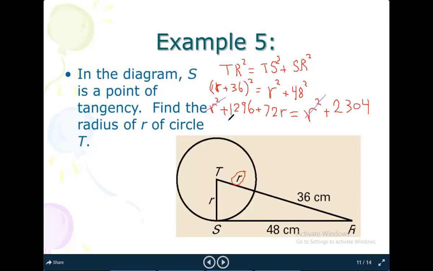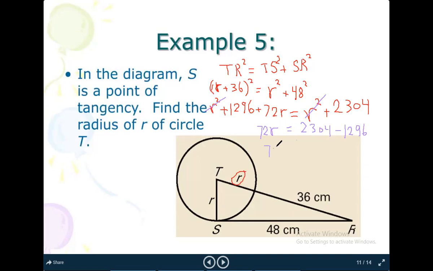And then I will combine now 1,296 and 2,304 together. Then in this side I have 72R equal 2,304 minus 1,296, and we will divide at the end if I want to simplify.